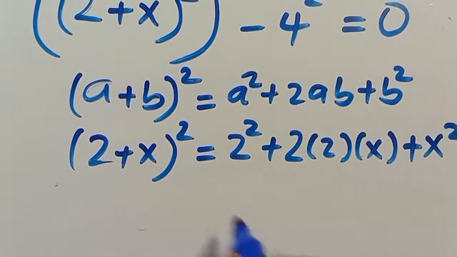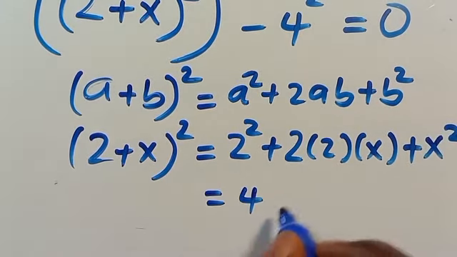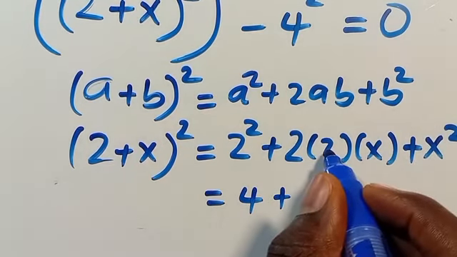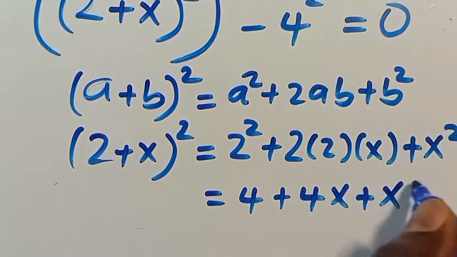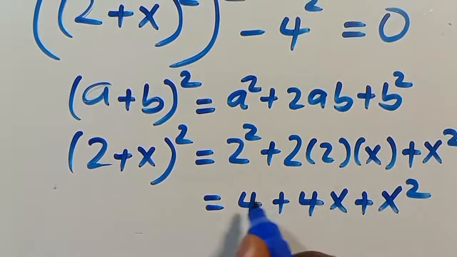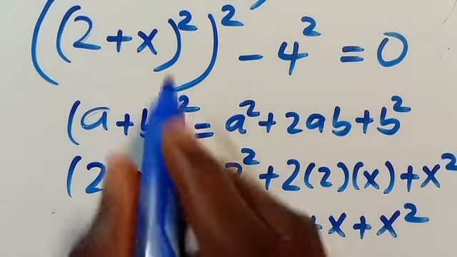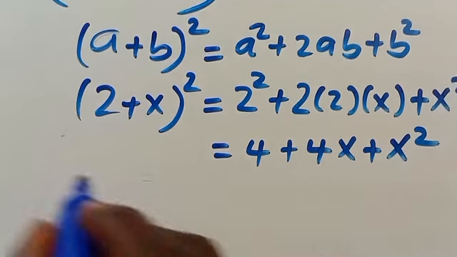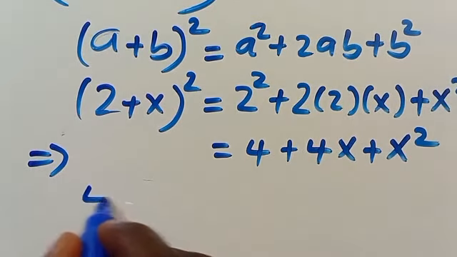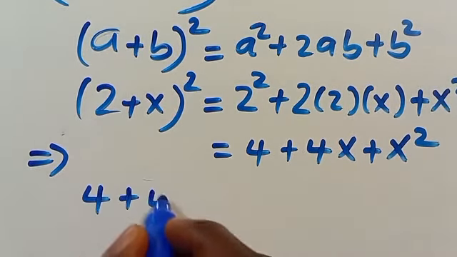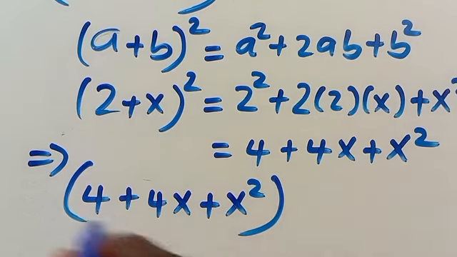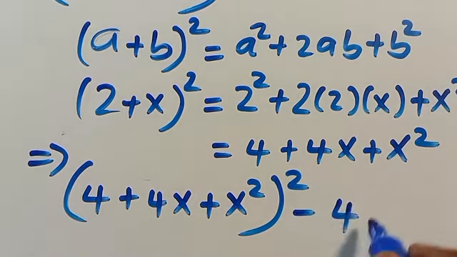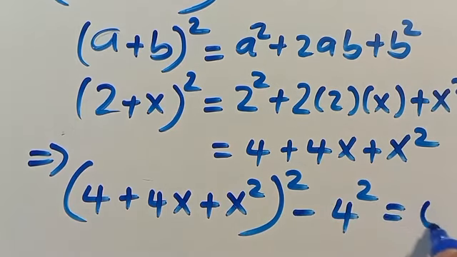And so this will now be equal to 4 + 4x + x^2. So let's substitute this one here, meaning we are going to have (4 + 4x + x^2)^2 - 4^2 = 0.